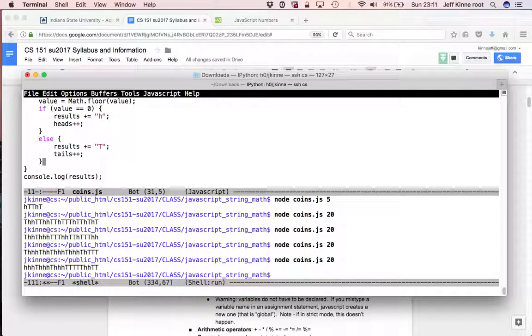And we should print it. We'll just say number tails equals plus tails plus heads equals plus heads.